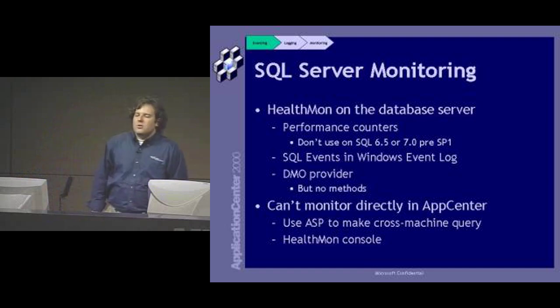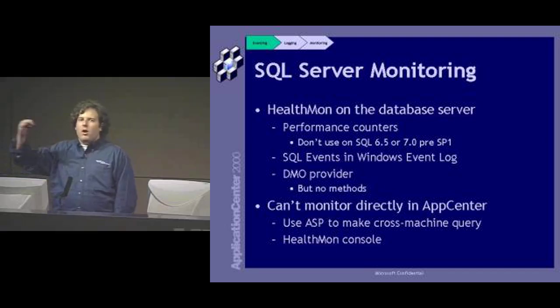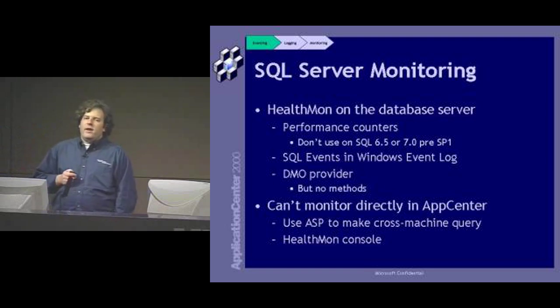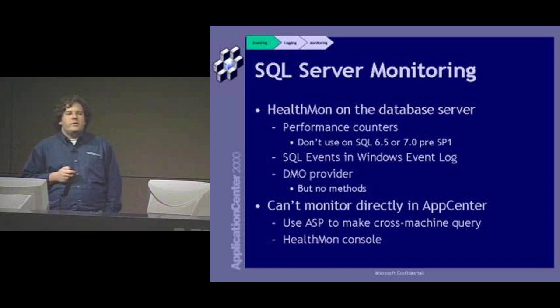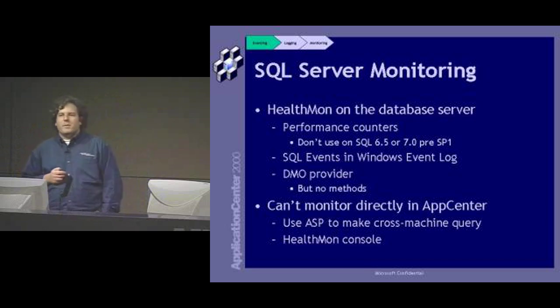We have access to any SQL events stored in the Windows NT event log. You can use SQL Trace to fire events to the Windows log, or by default SQL logs its critical errors there. The WMI team is also writing a DMO provider. DMO is SQL's distributed management object, which is their scripting interface for managing the server.